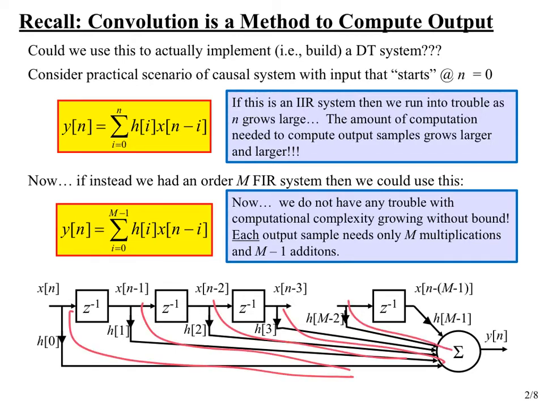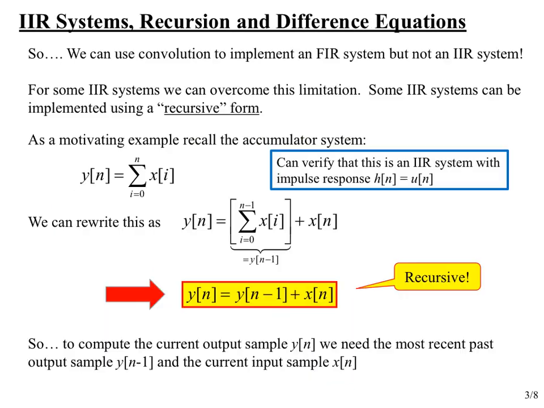So an FIR filter like this is built with feed forward parts of the block diagram. Later we will see portions of y getting fed back into these delays, and that will give us a more general IIR system.